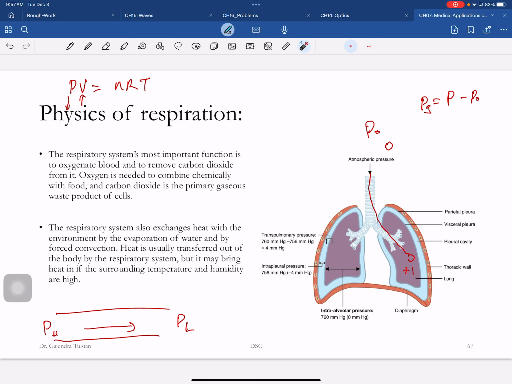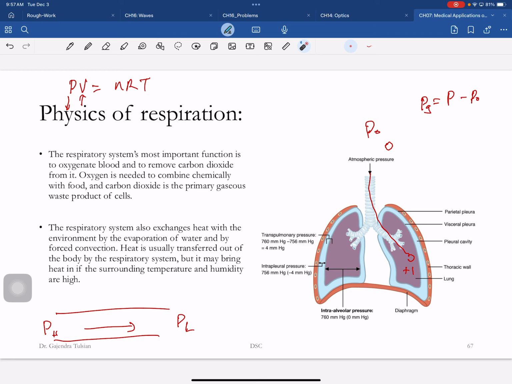The most important function of the respiratory system is to oxygenate blood and remove carbon dioxide. That's the most important job. It also exchanges heat with the environment by the evaporation of water and by forced convection. So when you breathe out, you lose some moisture as well.